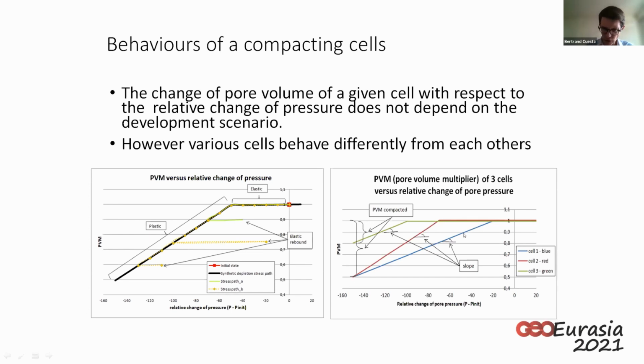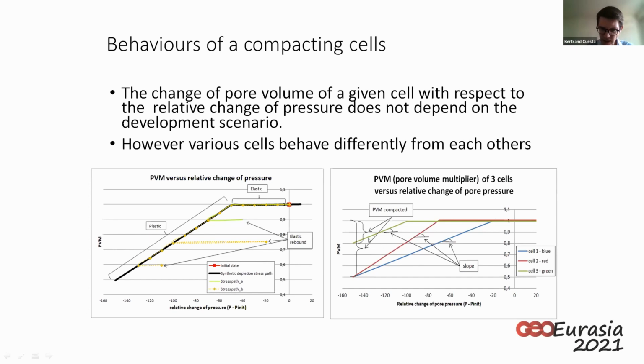We can compare it to another cell, which is cell 3, for instance. Cell 3, which is in green, will compact only after 100 bar of depletion. However, once it starts to compact, we can see that it will follow the same slope as the blue one, as cell 1. So cell 3 and cell 1 have the same slope for compaction in plasticity.